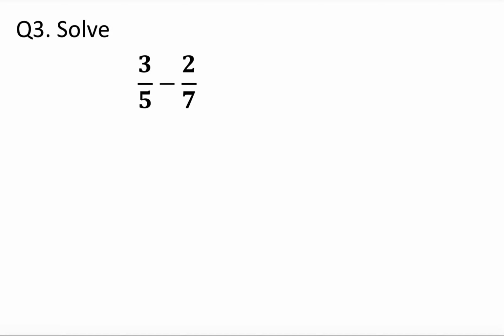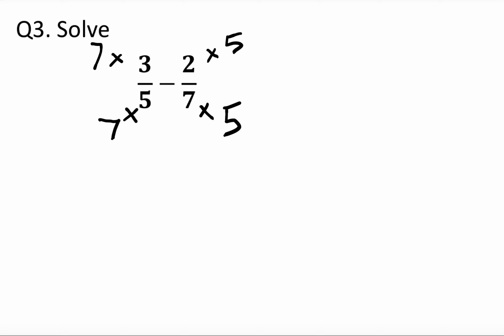The easiest way to do this is to multiply the bottom numbers together, so 5 times 7. If we multiply the first ones by 7 and the second ones by 5, we will have the denominators the same.